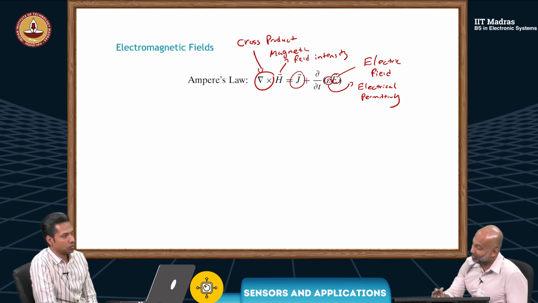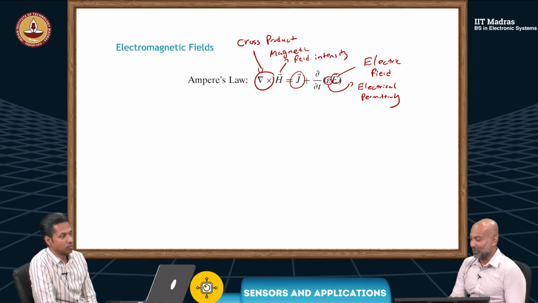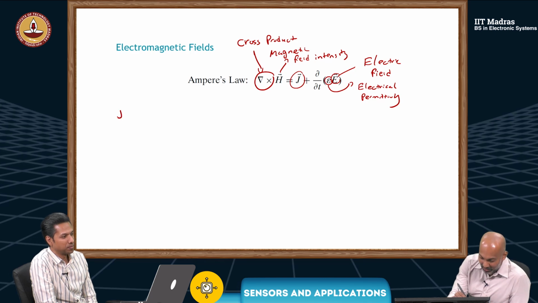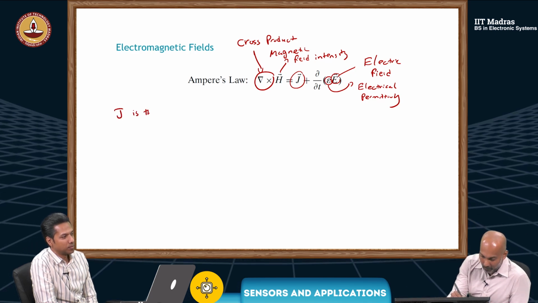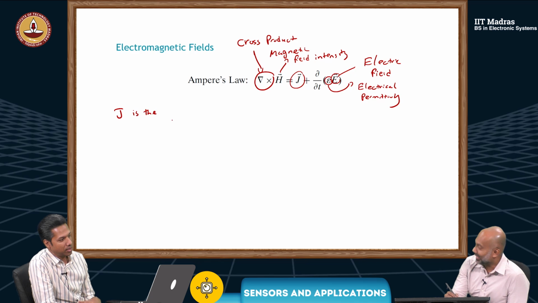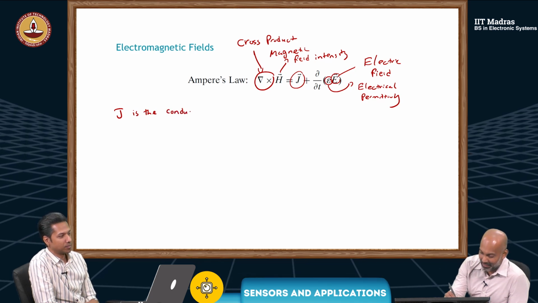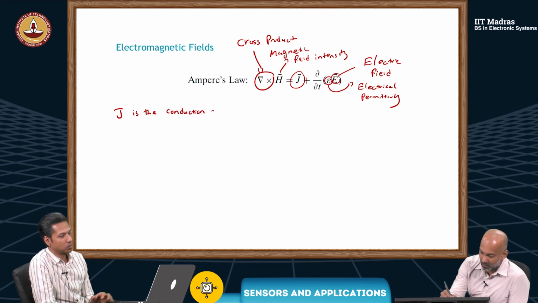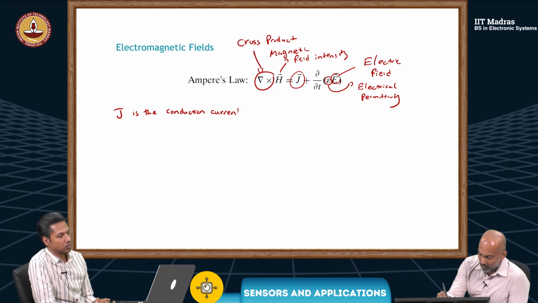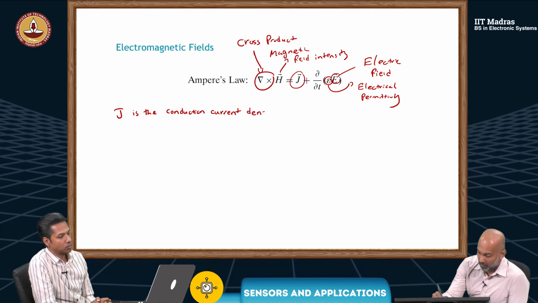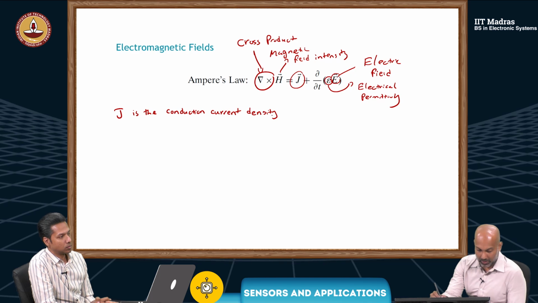Now, you're saying if this is not there. Good point. So J is actually called current density, the conduction current density.